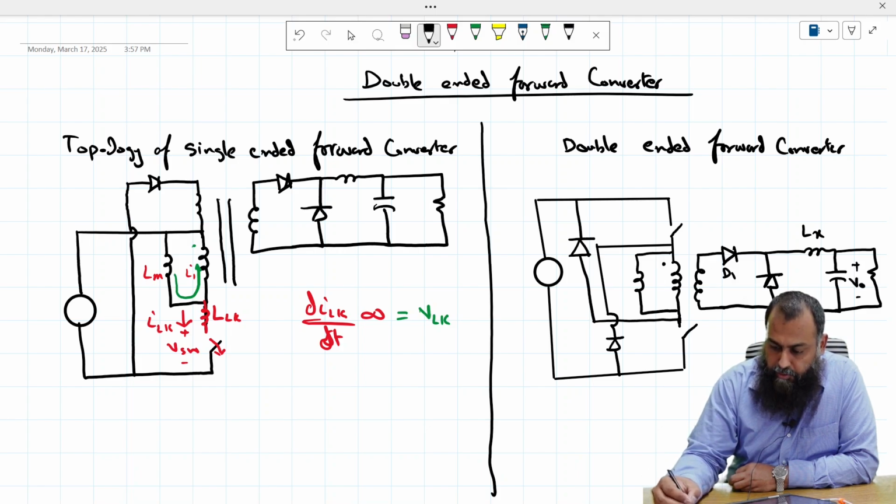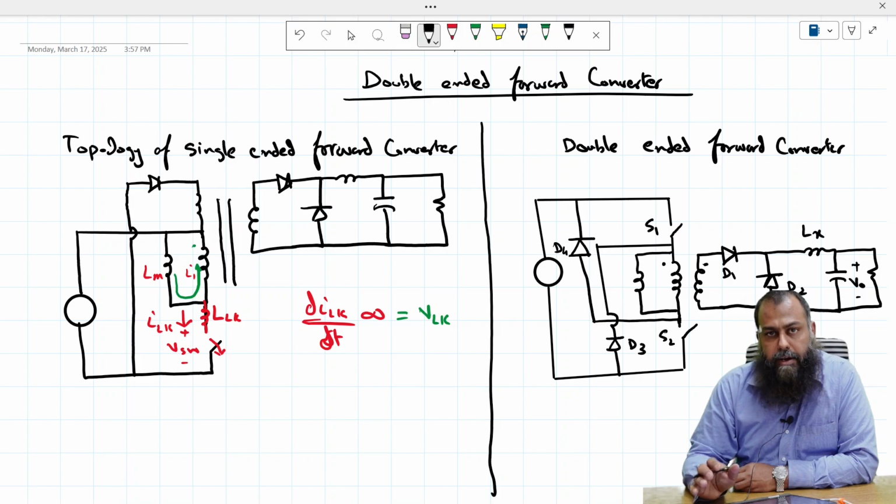So this is the diode D1, this is D2. This diode is designated as D3. Let us say this is D4. This is switch S1, this is a switch S2, and this is the topology of a double-ended forward converter.